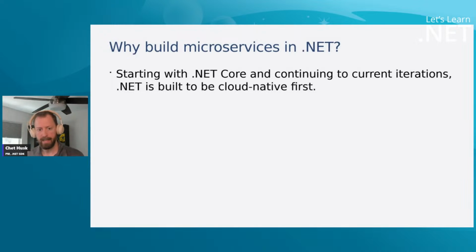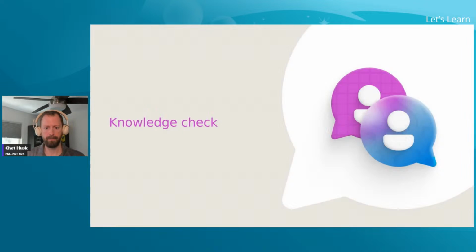So that's what cloud native means to me. It's one of those things, though, where when you talk to different people, you'll get slightly different versions of the same definition.